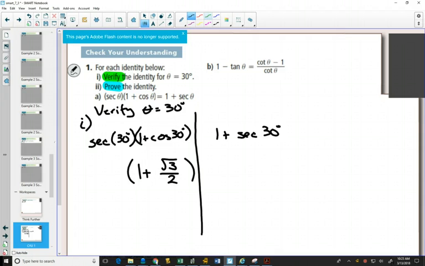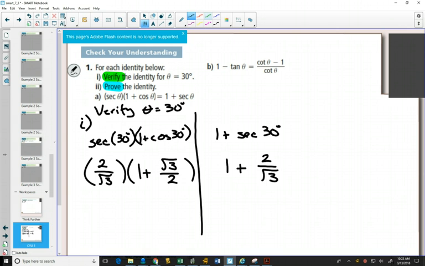Now, if cos of 30 degrees is root 3 over 2, then what's secant of 30 degrees? 2 over root 3. And so I can work on the left-hand side. Now, my goal here, if I work on the right-hand side, we already know that secant is 2 over root 3.